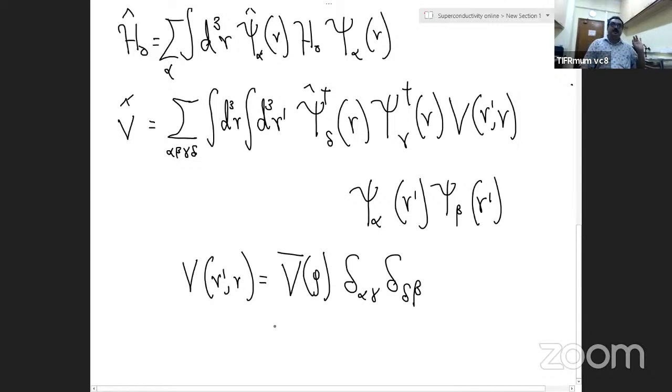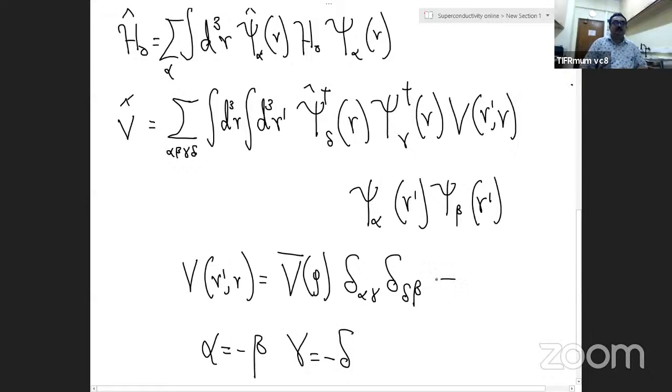However, this spin conserving scattering will still allow for singlet and triplet. So, just like I did in BCS, I will keep only singlet. I will make it even more restrictive. I will say that alpha equals minus beta and gamma equals minus delta.